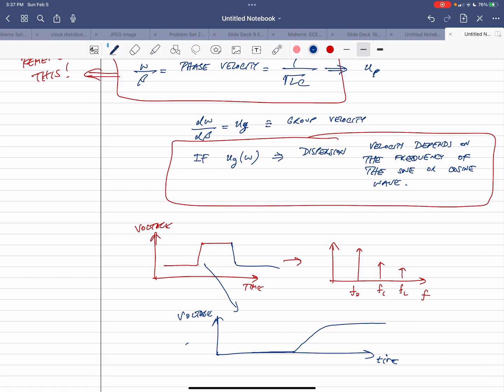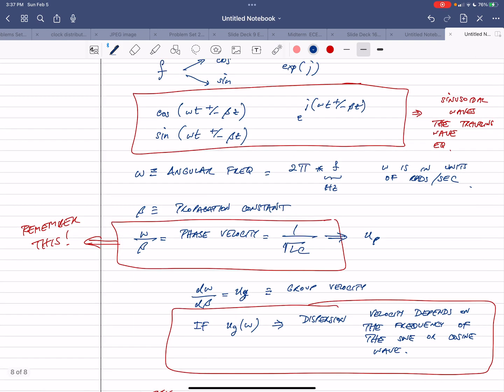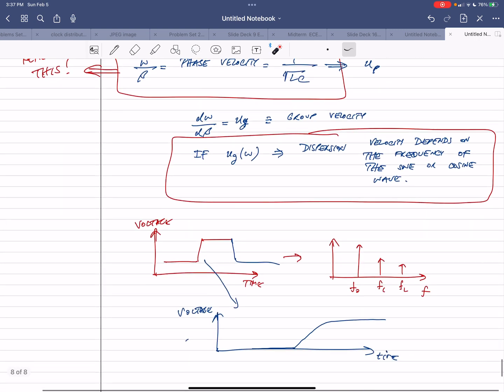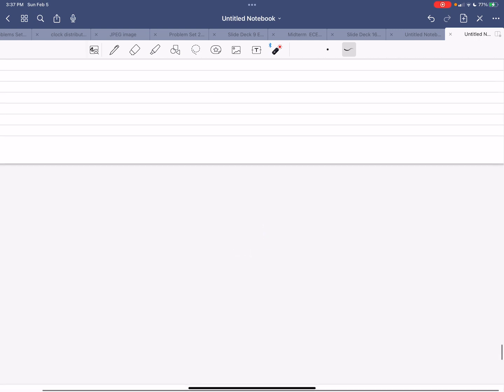Okay, so this is all about what it would look like in a traveling wave if we had cosine or sine forms, which we will use a lot because the math is a little bit easier. We know what to do with cosines and sines, and also it's representative of a lot of the functions that we'll see.